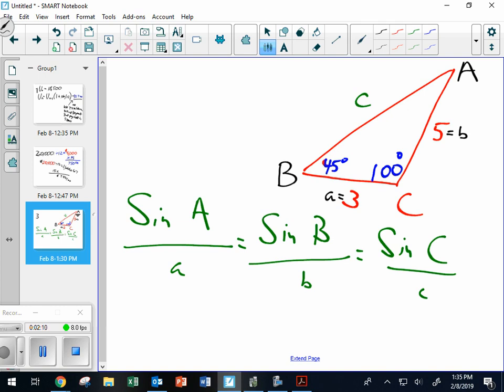Now, I can just plug stuff into my formula, and this is something that's going to always be true: sine of this angle A over little a equals sine of the big B over little b, etc. Now, this is important that you get. I have 1, 2, 3, 4 pieces of information up there.